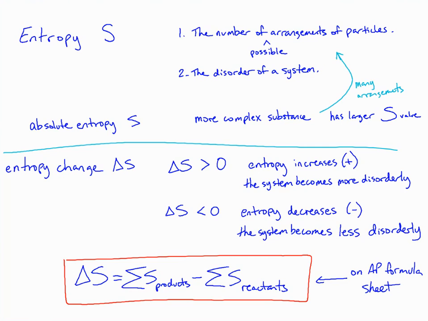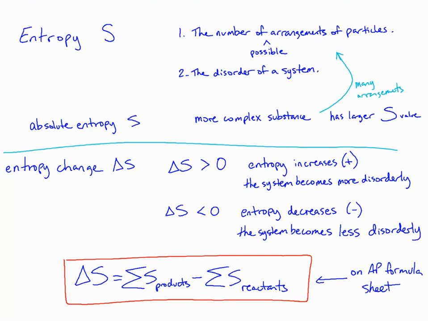Entropy change, or delta S, is where we really want to concentrate our efforts here. We're looking at the change in entropy, or the change in the number of possible arrangements, the change in the disorder of a system. So when delta S is greater than 0, meaning that delta S is positive, entropy is increasing.